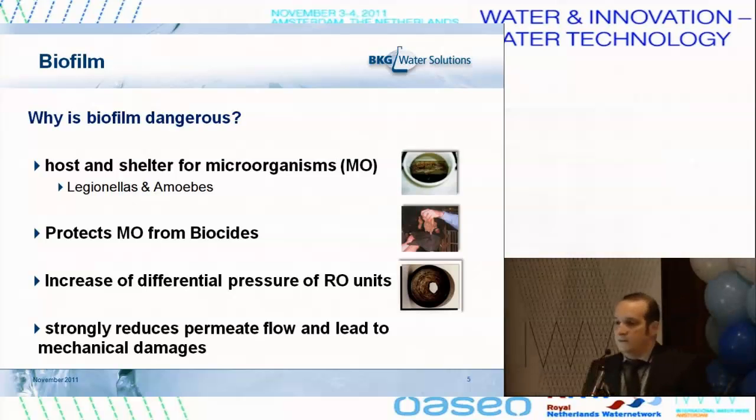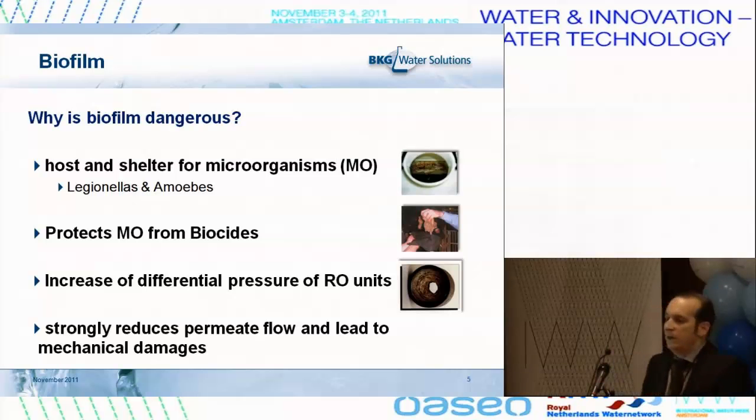It protects microorganisms from biocides due to the thickness of the film. With biocides, sometimes you cannot attack the complete biofilm, you're just attacking the surface of the biofilm, so you have to dose several times. In RO units, it increases the pressure, and at the end it reduces the permeate flow and leads to mechanical damage of the system.